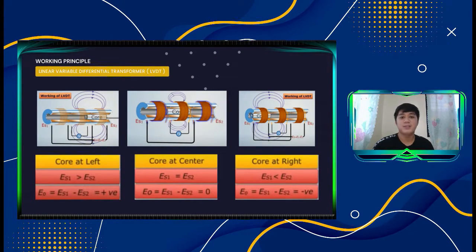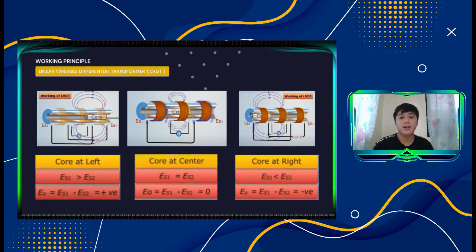So now let's proceed to the linear variable differential transformer, or the so-called LVDT. We can see when an AC source is activated, alternating current starts flowing through the coil, due to which a varying magnetic field is produced.